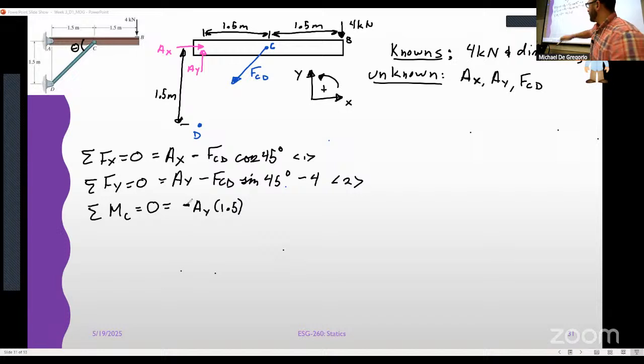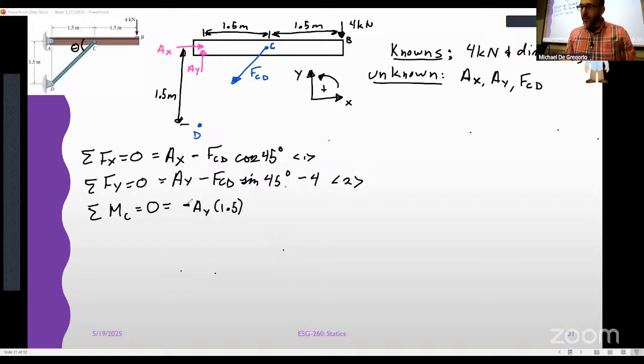Remember, if I'm at point C and I push upward, that wants to force a clockwise rotation. Clockwise in the way that I have defined it is negative, so we would have a negative moment. Does everybody see how we got that moment? Because it's the thing that's going to keep popping up, right?